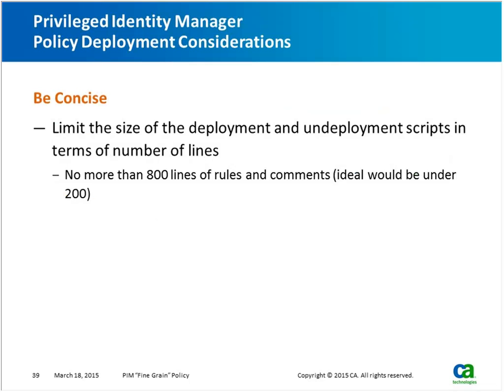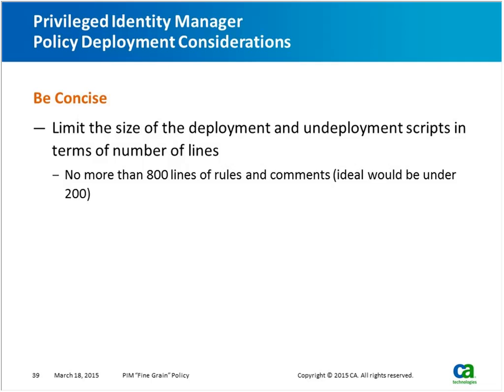These are my suggested limits, and this tends to be a very good practice. But try not to deploy anything more than like 800 lines. It becomes tedious, and it becomes long in terms of deployment cycles. Again, being concise, keeping it small, is probably the best bet. Of course, you're also managing the comment statements as well.